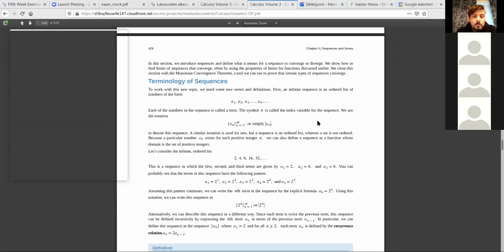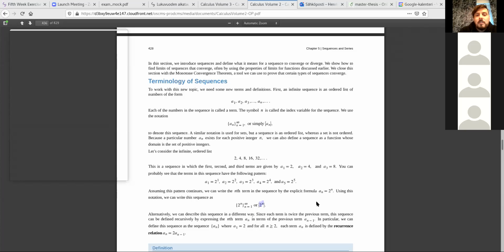Then we can express this in a function notation. So this is 2 to the n, where n ranges from 1 to infinity. This is a sequence of all the powers of 2.